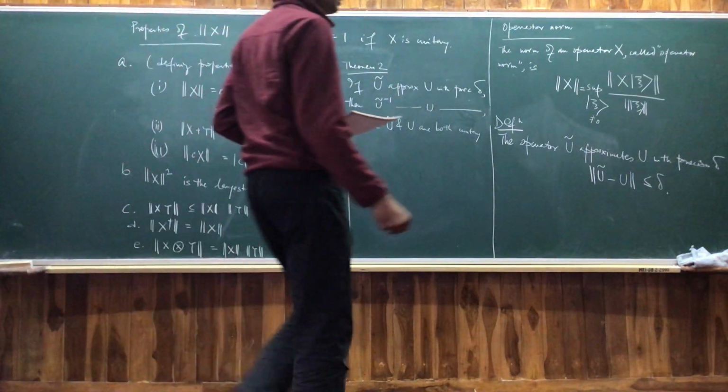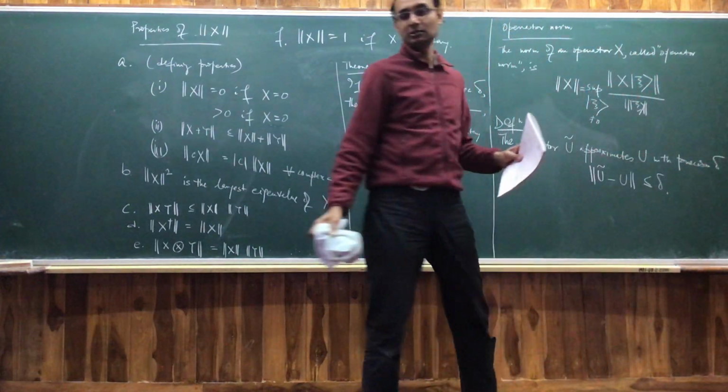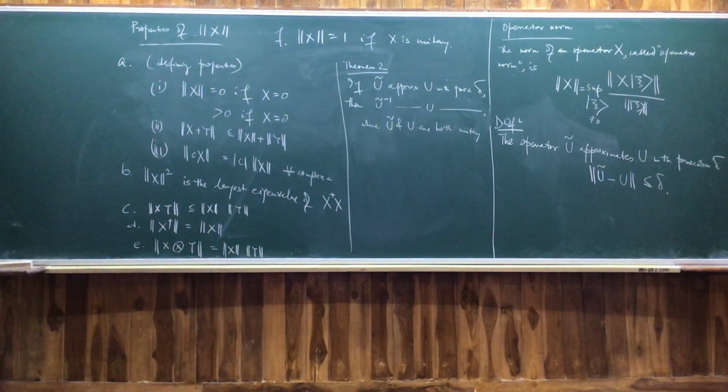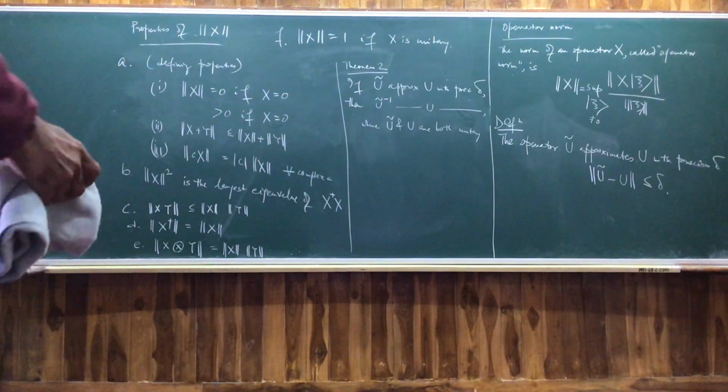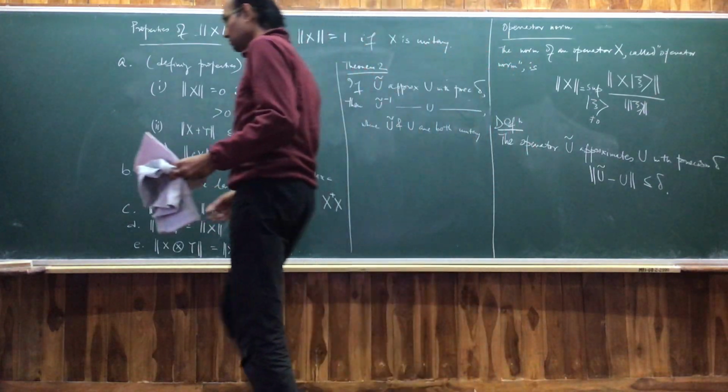Okay. Any questions? Because I will start something new. Sir, you wrote the statement that U tilde inverse approximates U with delta. So how will the statement change if I compare U tilde inverse with U inverse? Sorry, there was a typo here.